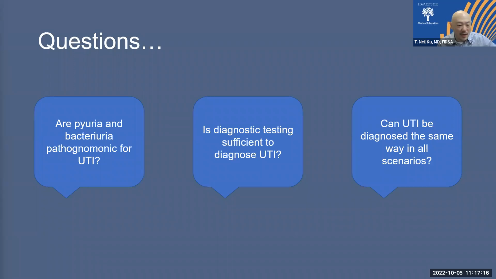Asymptomatic bacteriuria exists in different populations, certainly in varying degrees. But can a UTI be diagnosed the same way by everyone? Those are questions we really have to ask, and then address how we're going to address the clinician behaviors in their diagnostic process.